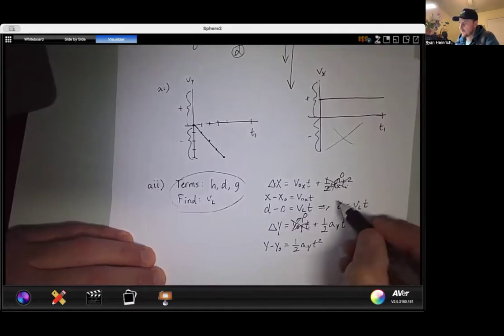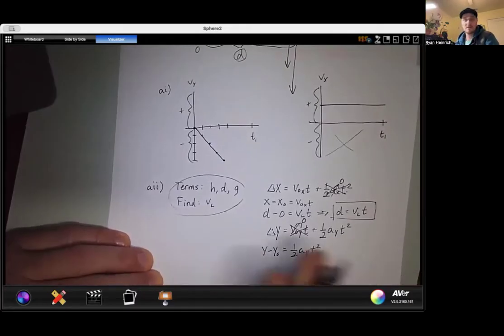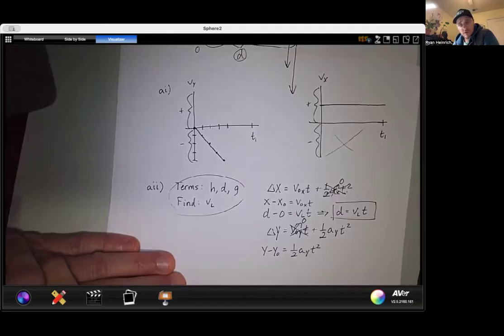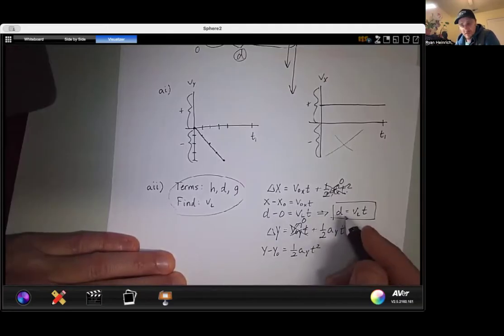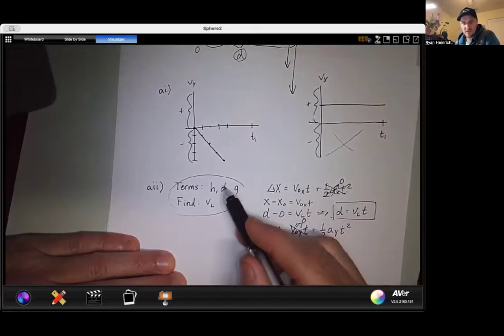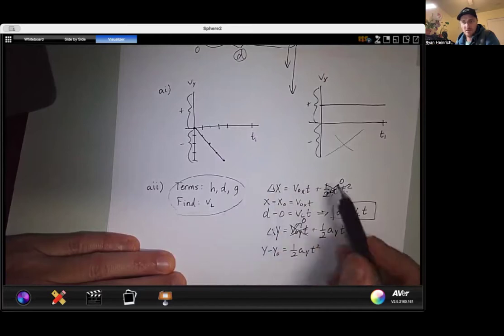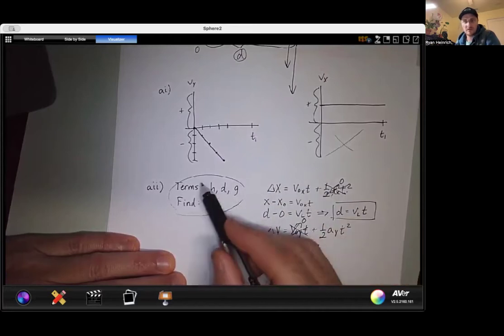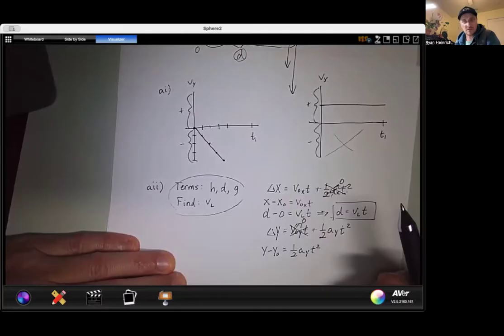Now, this is very important as we look at progress checks throughout the rest of this curriculum. This is not done. I could solve this for VL. Undoubtedly, I could do that. But while D is a given that I know, t is not. t is not one of the terms that I'm allowed to express the answer in.